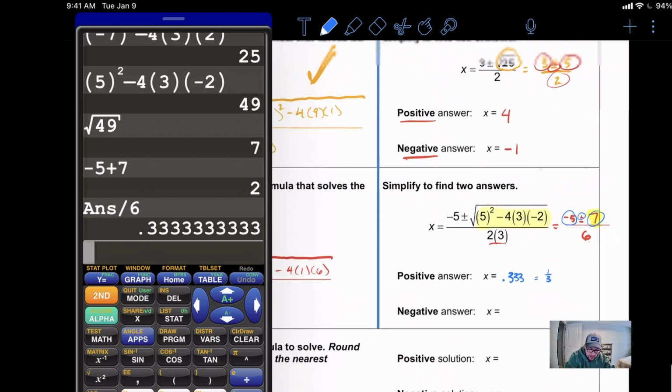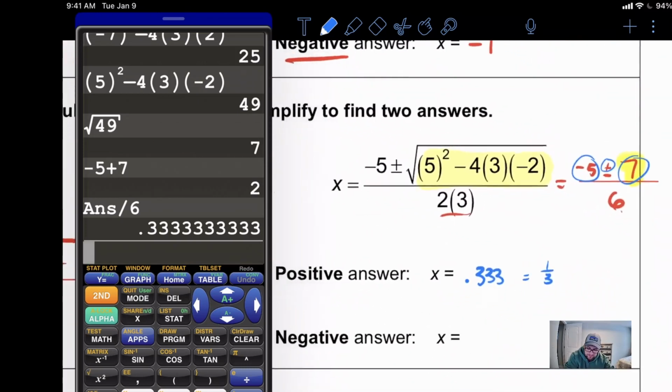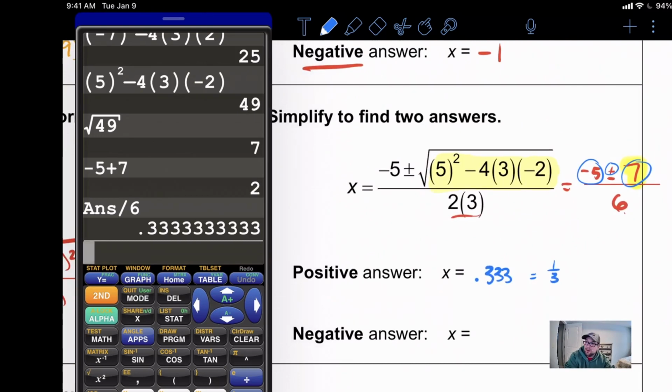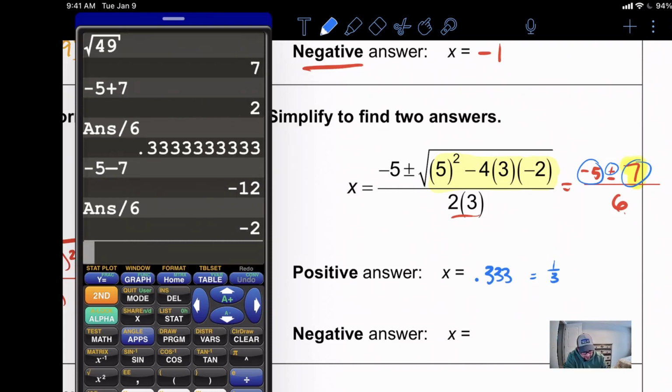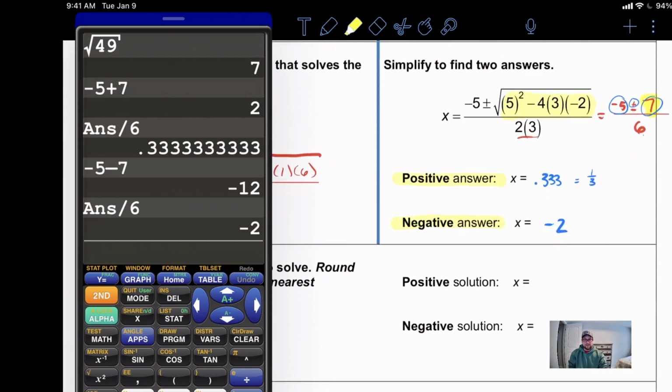So I don't know what we're going to have for the answer for you to select, but it'll be one of those two. And then we'll do negative 5 minus 7 divided by 6, which will give us a negative 2. One thing I'm already kind of worried about is being very careful right here, making sure the positive answer goes here and the negative one goes there. Because if you flip-flop that, you're not going to get that answer right.